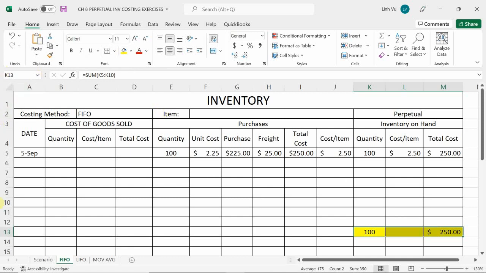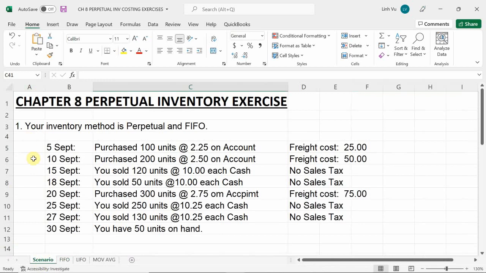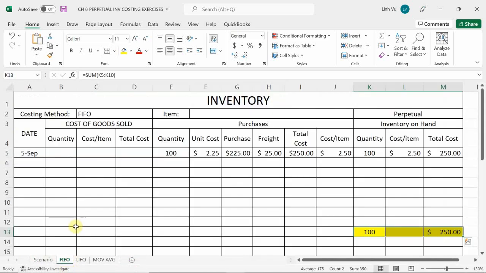So let's see what happened next. On September 10, we purchased an additional 200 units at 250 with a freight of 50. So 200, 250, and 50.